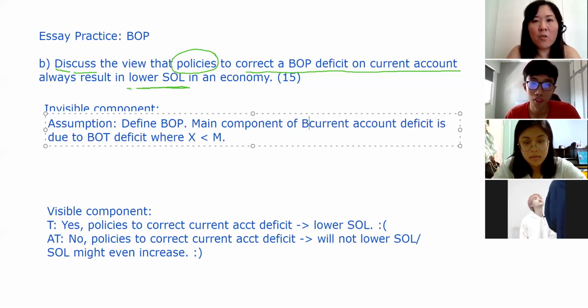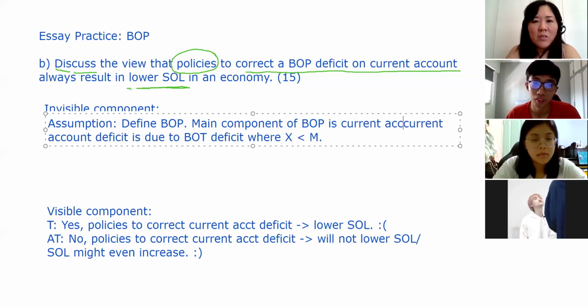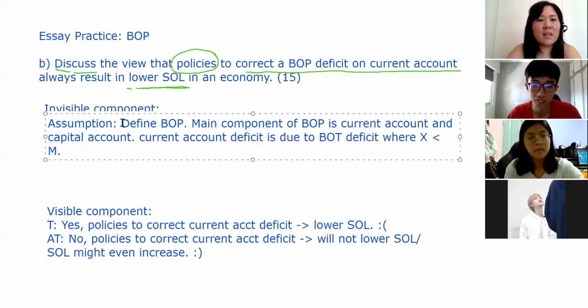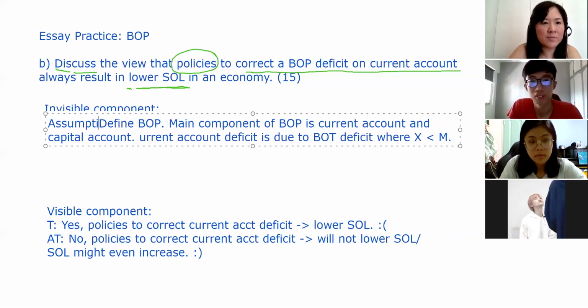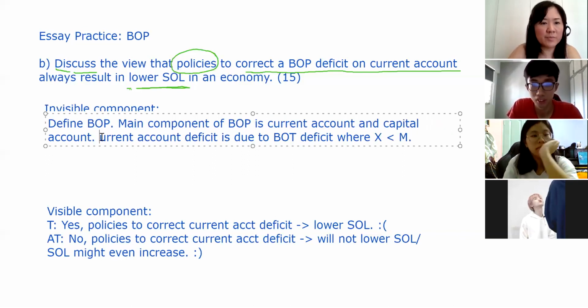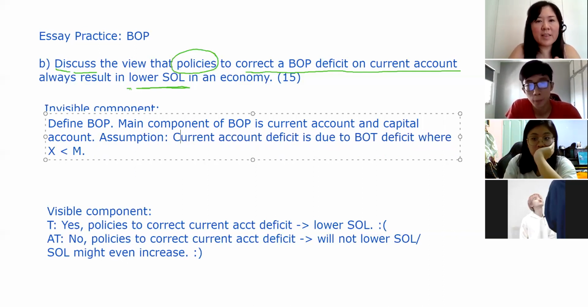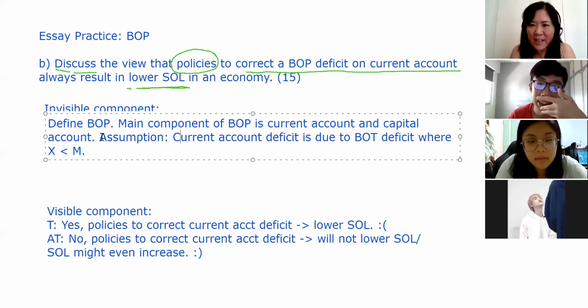I can say current account and the capital account, where we will assume that, wait, maybe I should put it this way. Assumption: current account deficit is due to a BOT deficit. Like that, it flows nicer, right? You realize that, right?